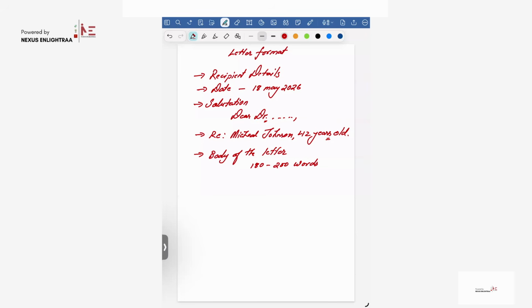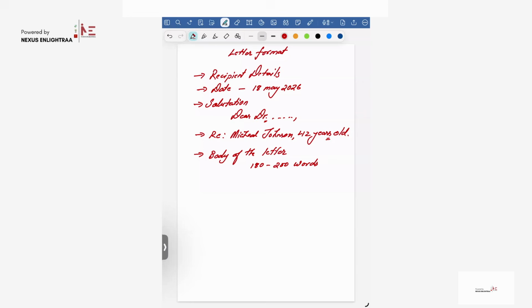The OET guide confirms that only the body paragraphs are counted. Things like recipient's details, date, salutation, all these things are not counted. And neither is the closing statement counted. Only the body of the letter is counted.